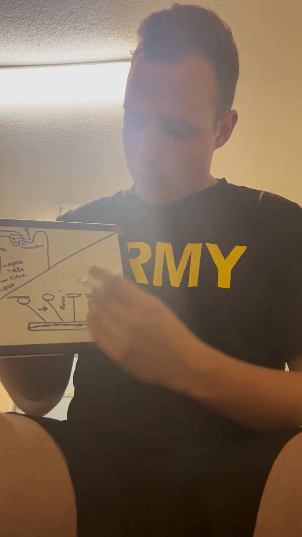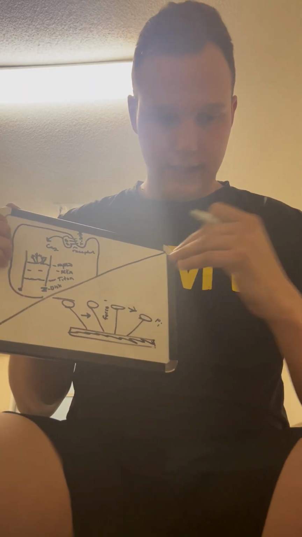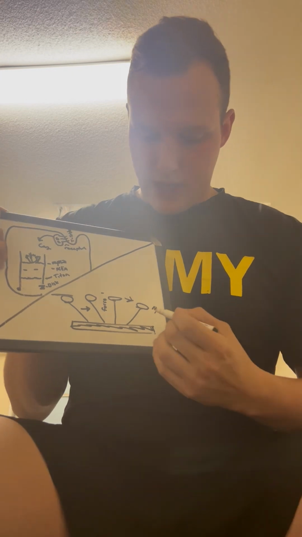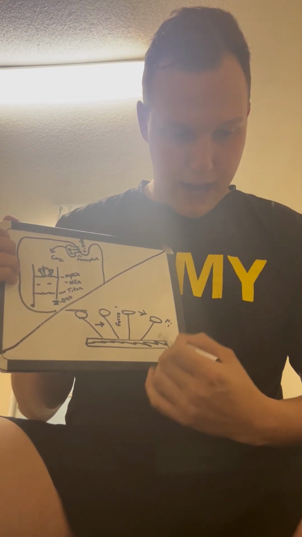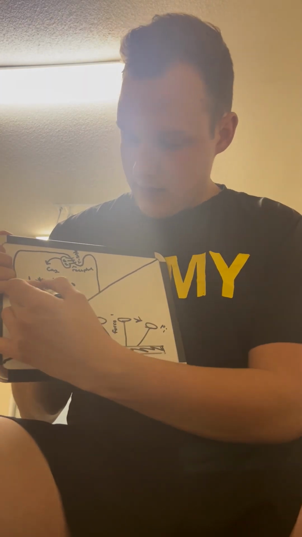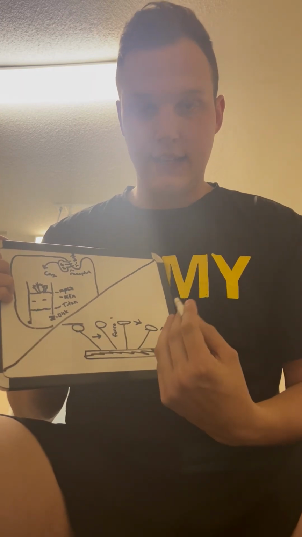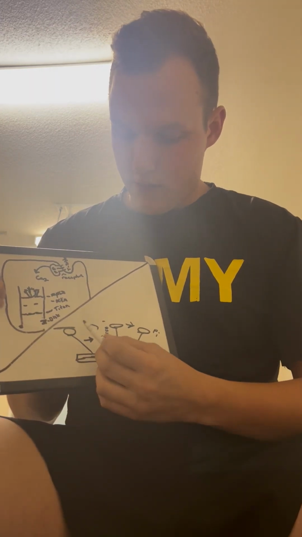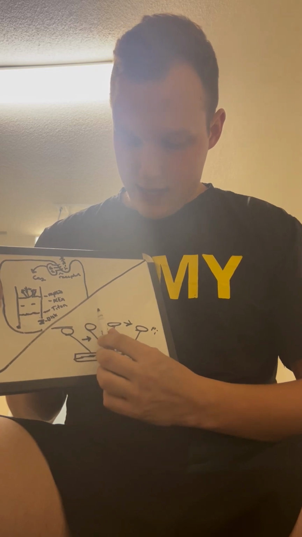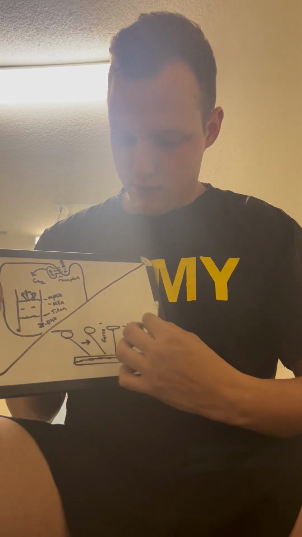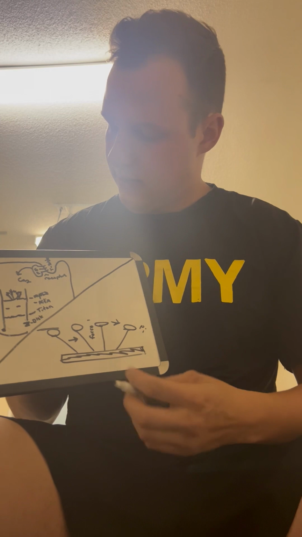And then once that's contracted in, the release is going to be whenever ATP binds with the myosin, and it will release it, and it'll cause that process to start all the way over. So you'll use ADP, boom, release, ADP, release.